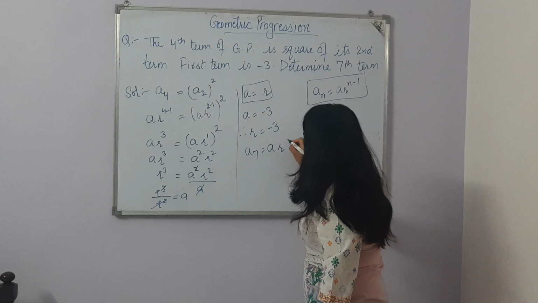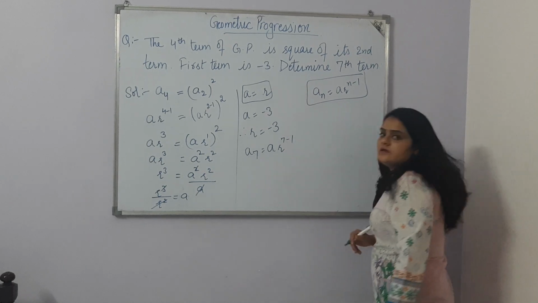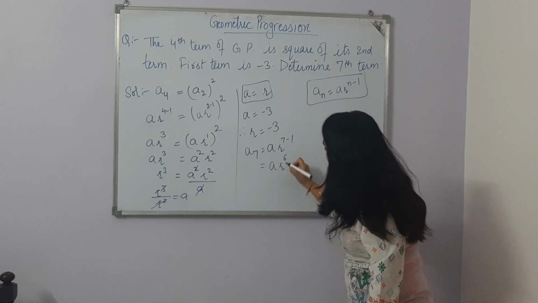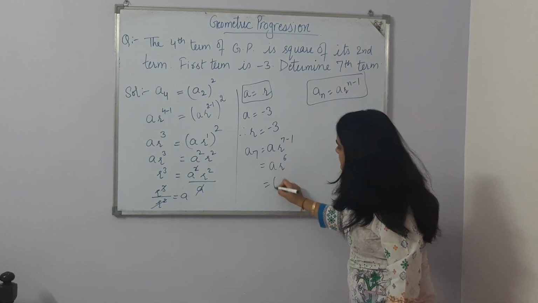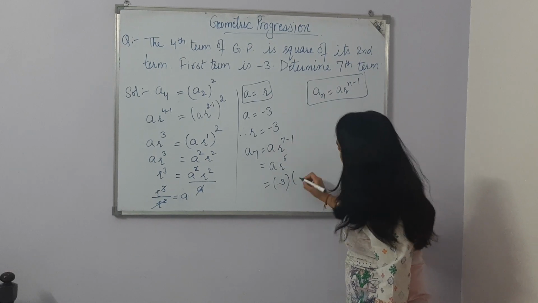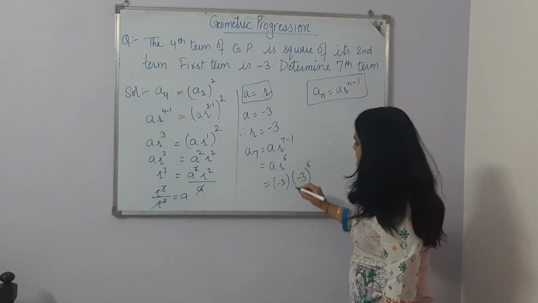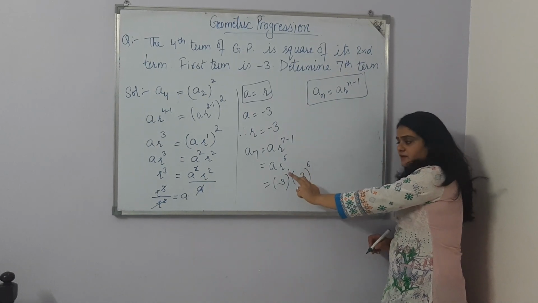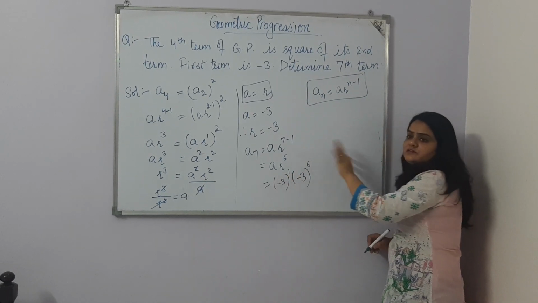Its formula is AR raised to 7 minus 1, so it becomes AR whole raised to power 6. What is A? It is minus 3. And what is R? It is again minus 3, whole raised to power 6. If there is no power on a base, that means its power is 1.